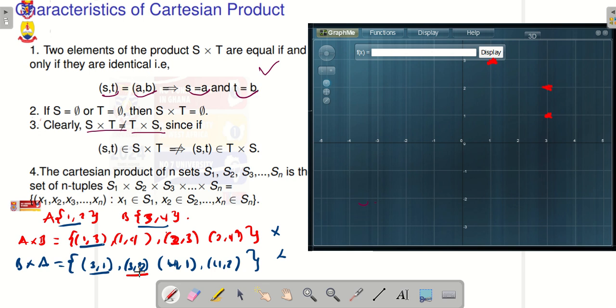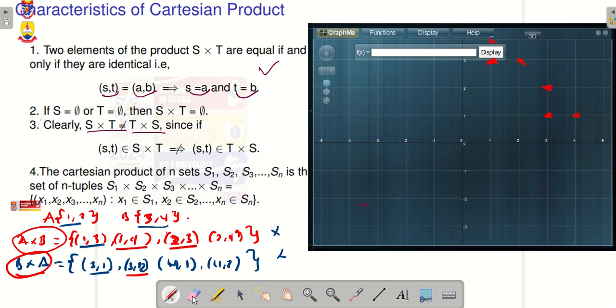But if I plot 2, 3, I'll get this. So you realize that the combinations are not the same. 1, 4 will give me something like this, but 4, 1 will be here. So you can see clearly that B cross A is not the same as A cross B. So that is one aspect of it.